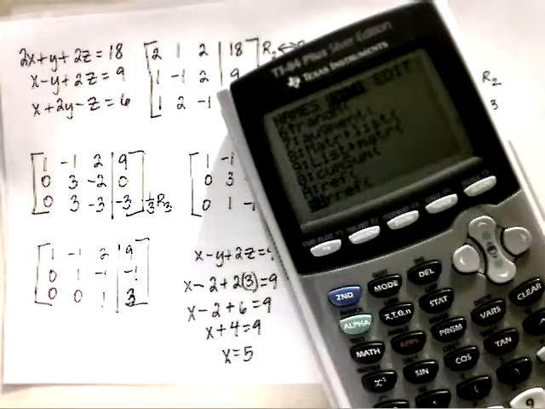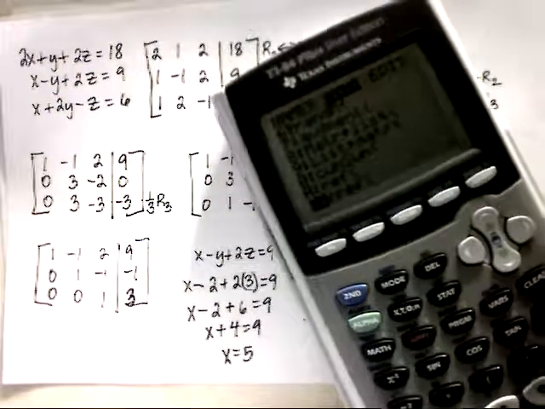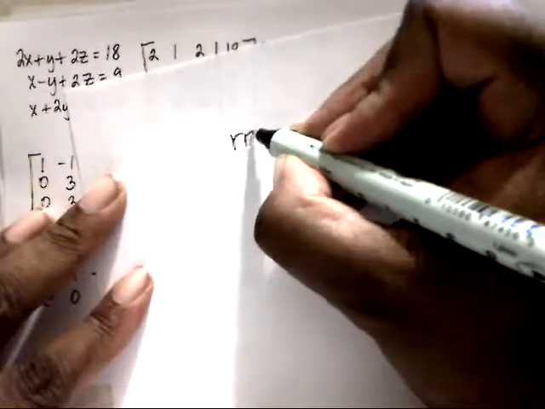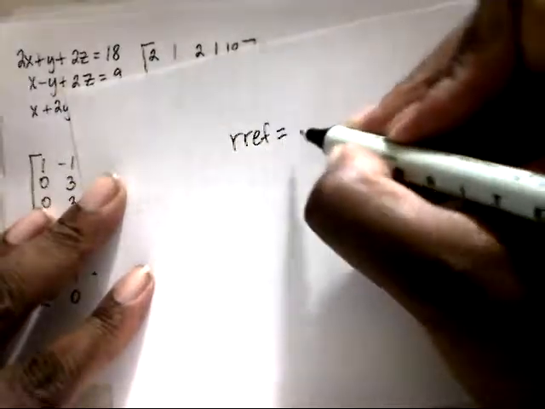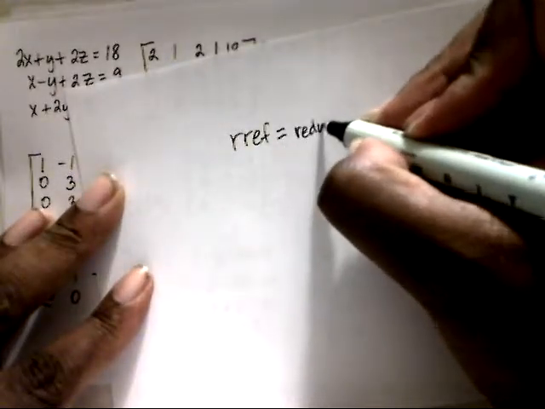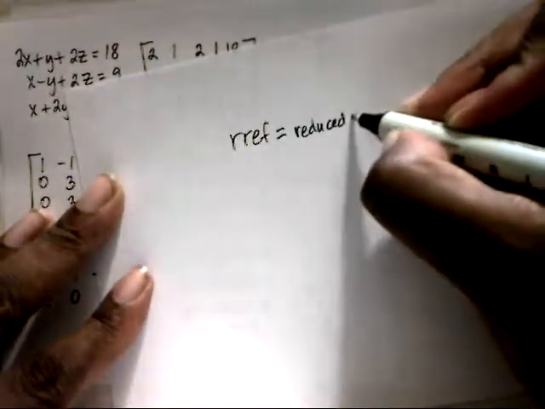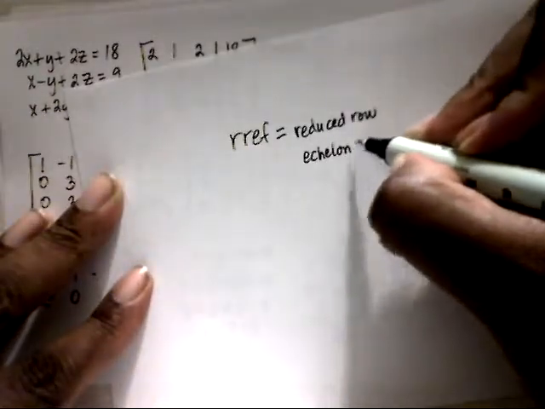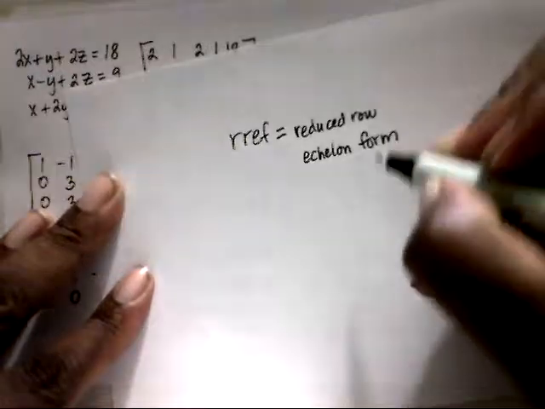Now let me explain what RREF means. I'm going to move this calculator out of the way. RREF means reduced row echelon form.